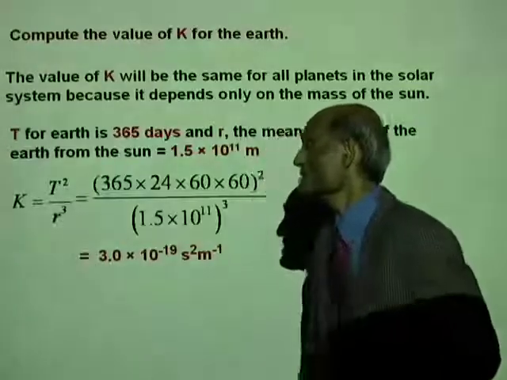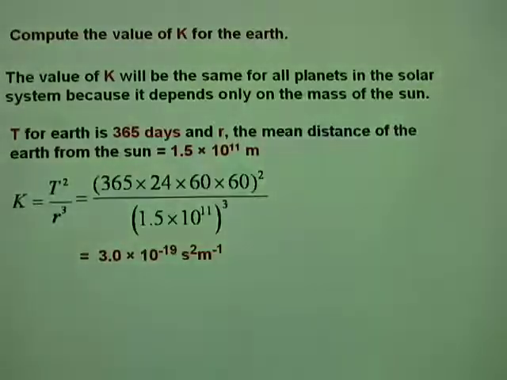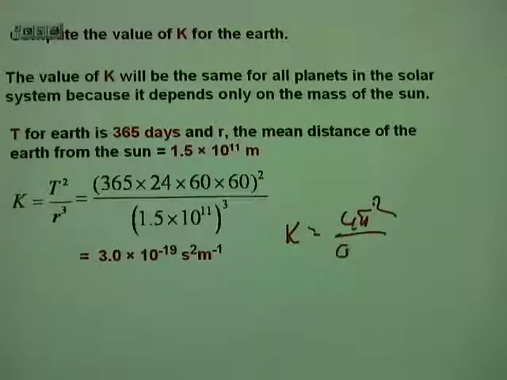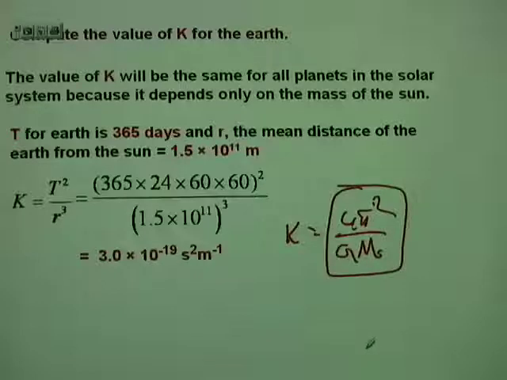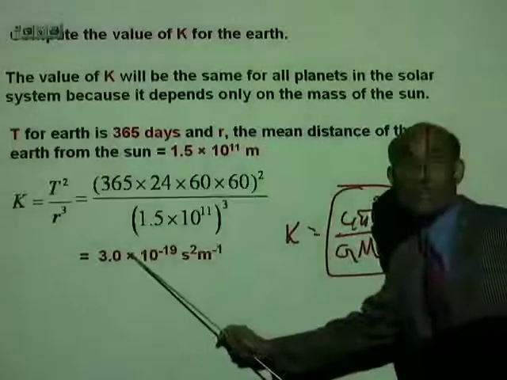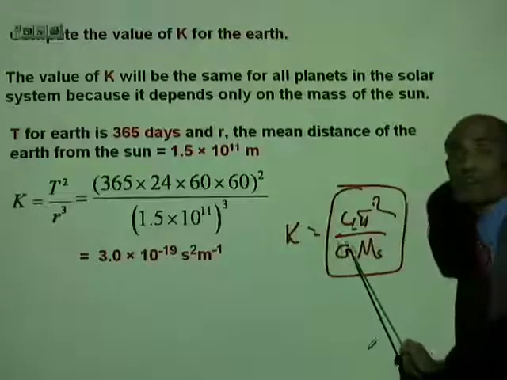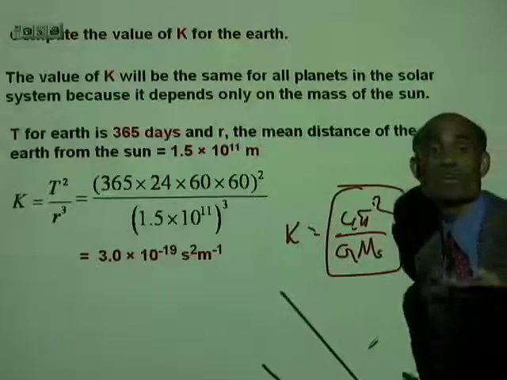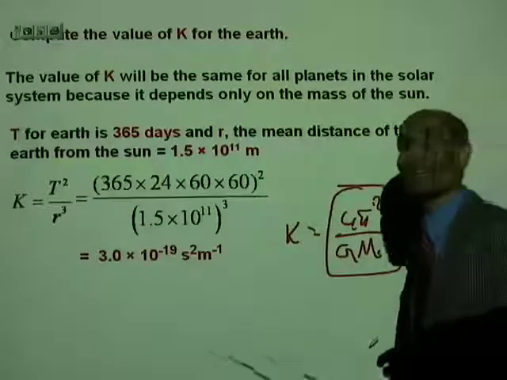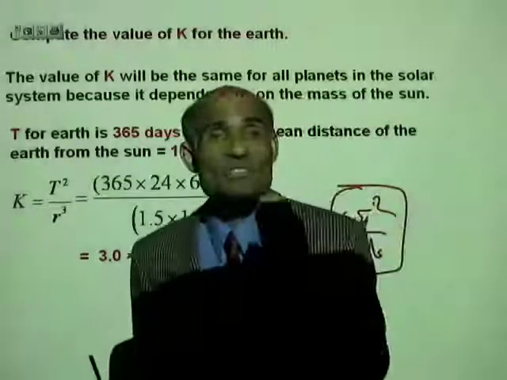Well, you notice that we calculated K using this equation, K equals T squared over R cubed. But do you remember the quantity K is actually 4 pi squared over G-Ms. This is the quantity we call the K. Since we calculated the value of K, and since we know the value of the universal gravitational constant, we can now find the mass of the Sun.